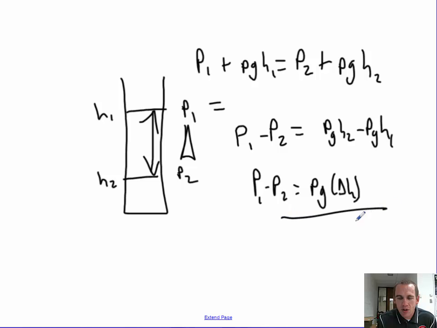As you recall, that's the pressure with depth, which says that the pressure at a depth is given by rho g h.